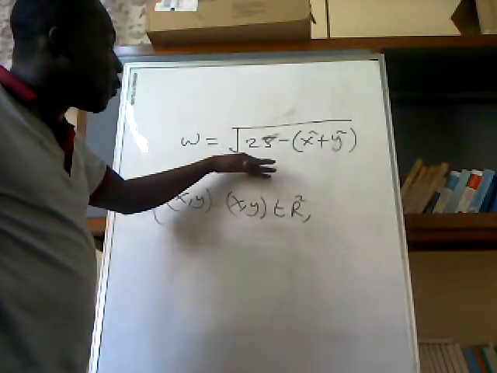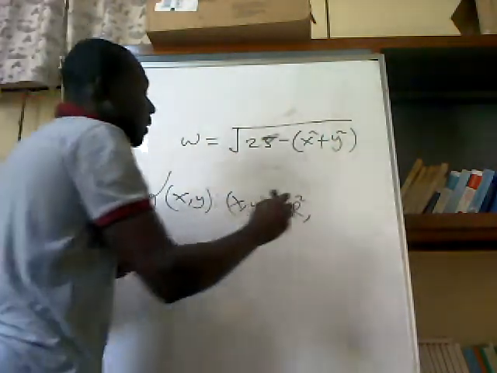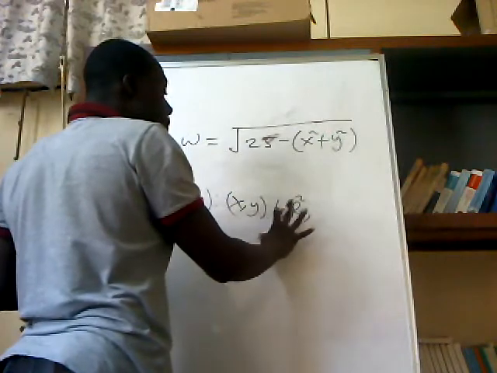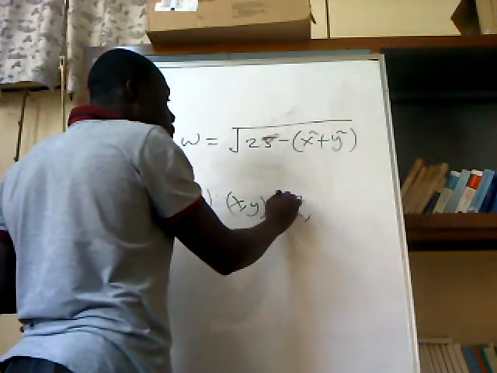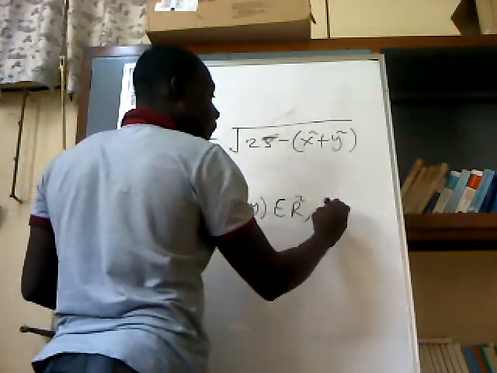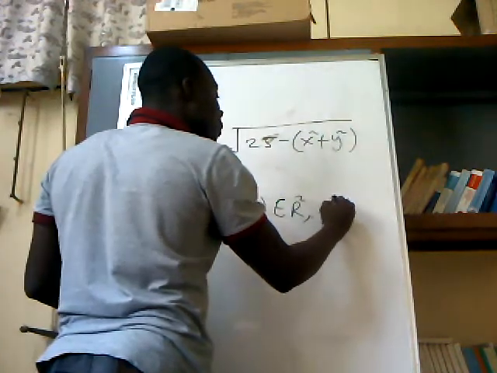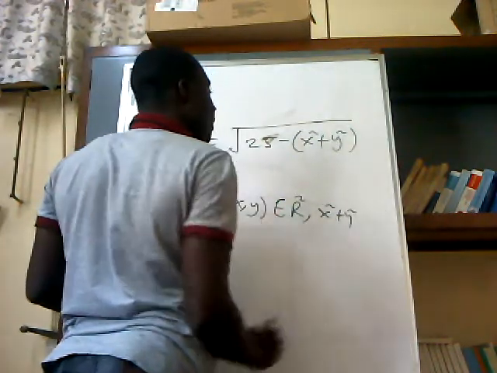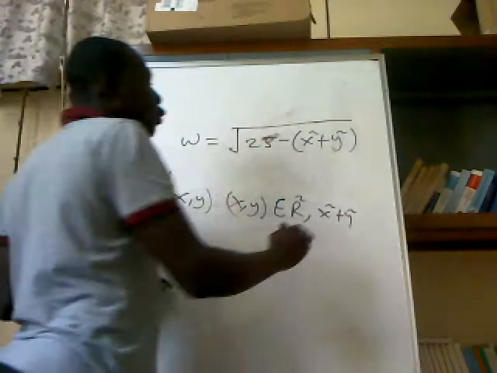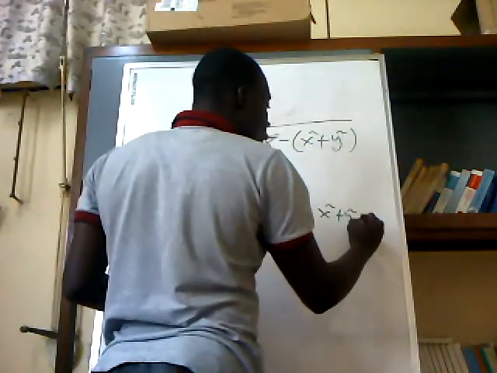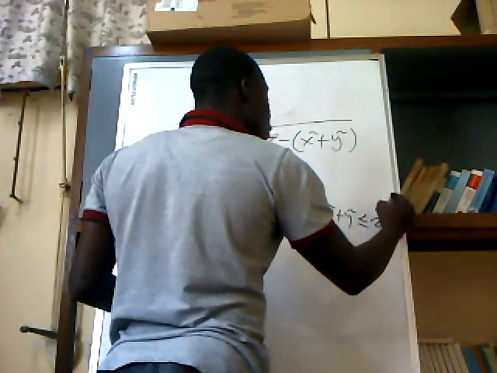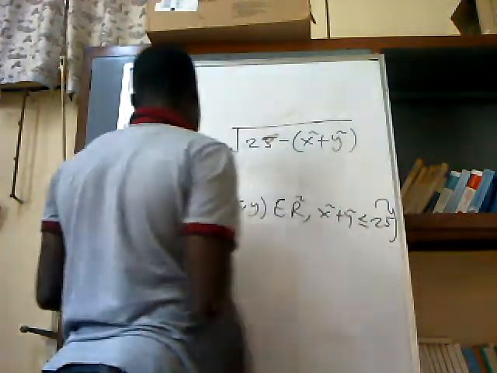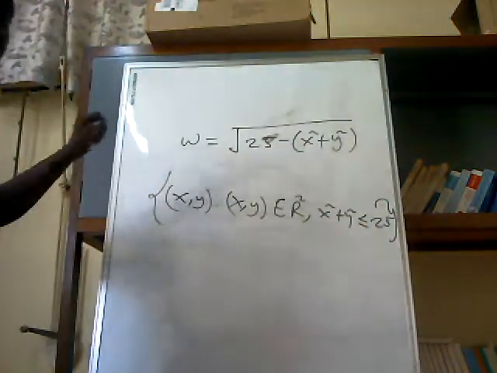But here we are in a real domain, right? So we say that x and y belong to R2, but x squared plus y squared should be less than or equal to 25. Now this is the domain for that function.